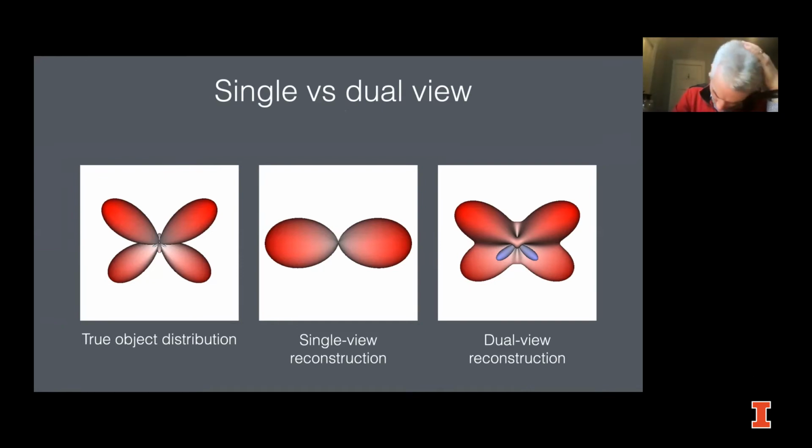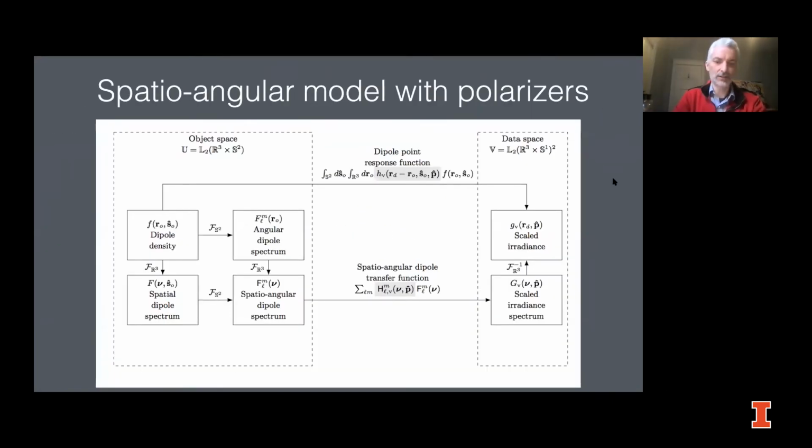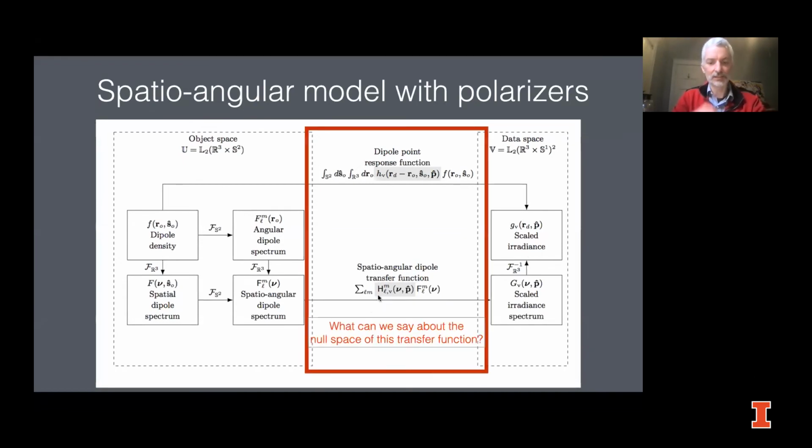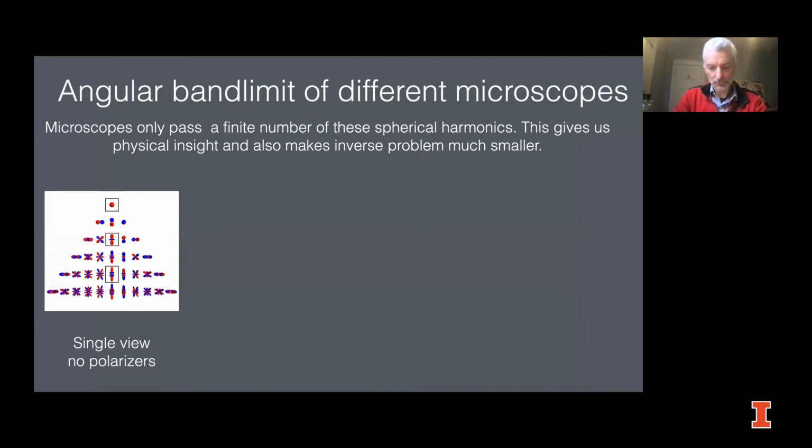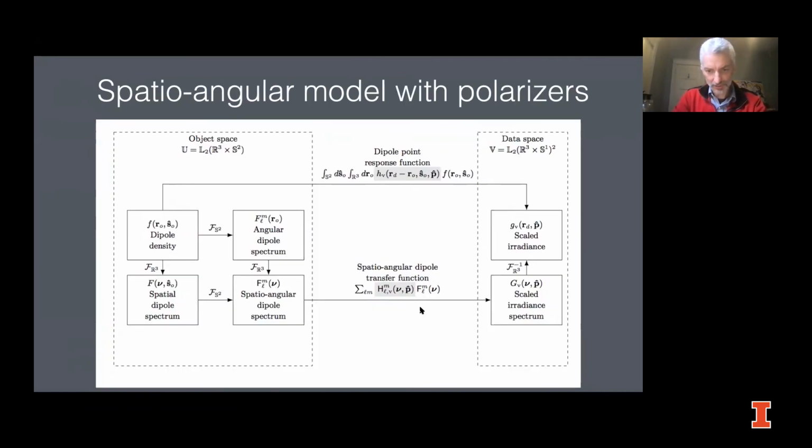Okay, so that characterizes the forward problem and the null space to some degree. The other nice thing, if I go back to this slide and we focus again in the middle, is the reconstruction becomes much simpler when we go into this basis, because our reconstruction involves reconstructing this capital F_LM of nu. And this is only going to be reconstructible, non-zero, for a very finite number of l, m.